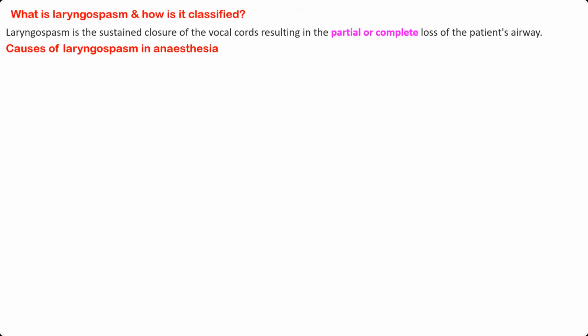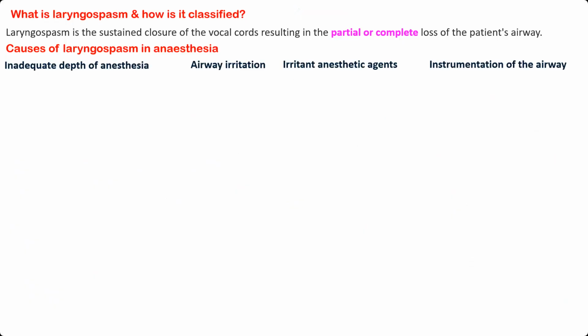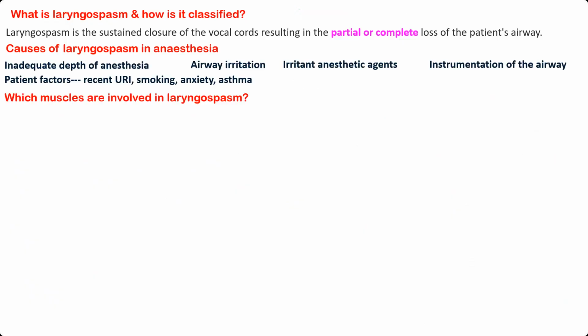Yes, sir. No. Without seeing this, no one can qualify. At some stage of our training, we have seen it. The causes are inadequate depth, airway irritation, irritant anesthetic gases, instrumentation in a lighter plane, and patient factors: recent URI, smoking, anxiety, asthma patients are all likely to have that.